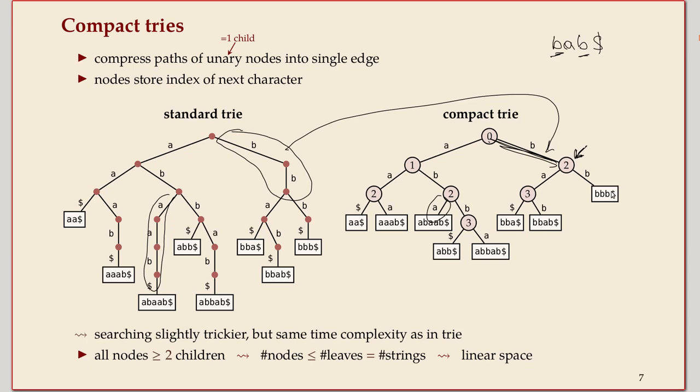But it's not, because there's a character that we didn't look at and doesn't match the character in this leaf. So what that means is, if you do the traversal in a compact trie and you reach a leaf, you still have to go through the string once again and check that all the characters really match, because you jumped over some and you have to eventually check those. Okay? So that's complication 1.